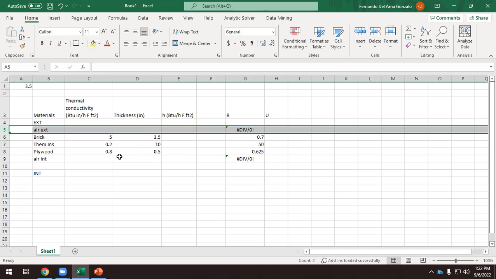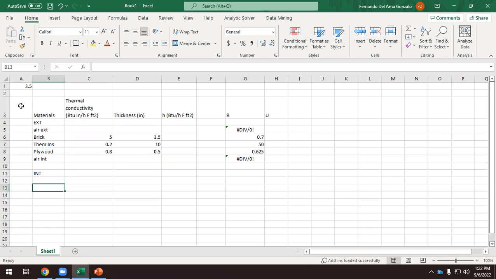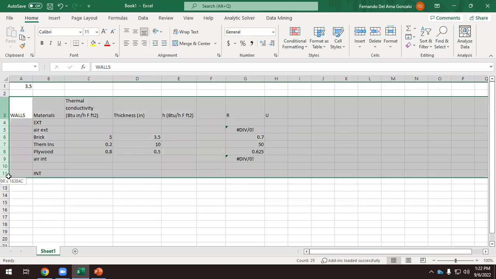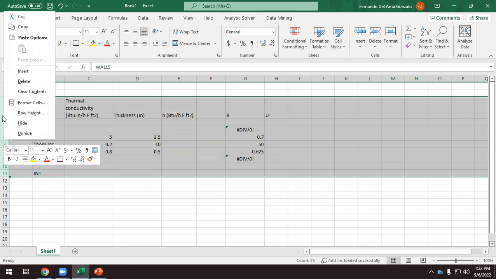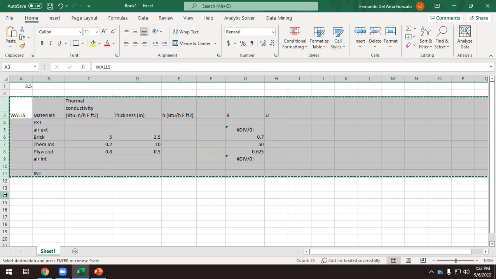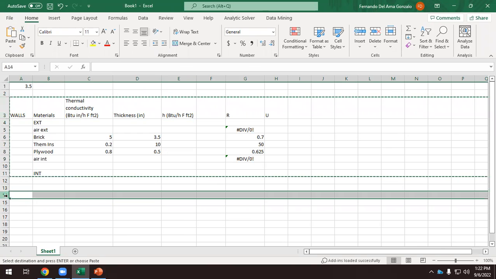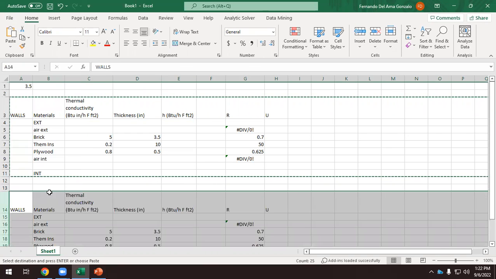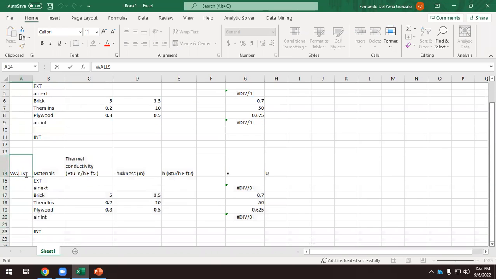So once we have this one, that's great because this works for walls. Then if we want a different table for roofs, I can select all these, right click, copy, right click, insert copied cells, and now I can have this for roofs. And I can do the same thing for floors.